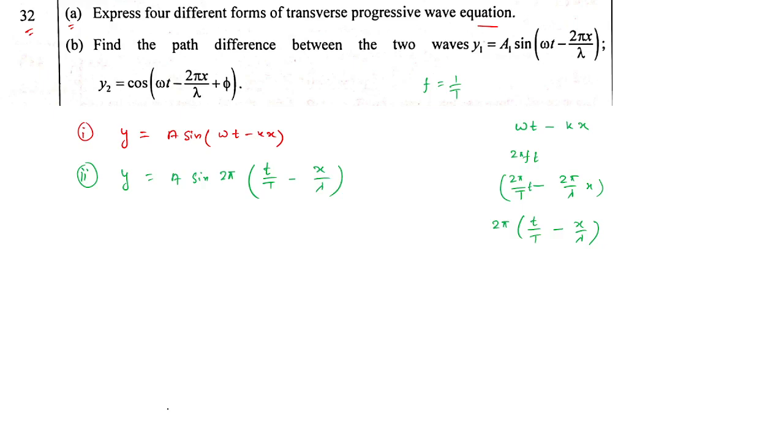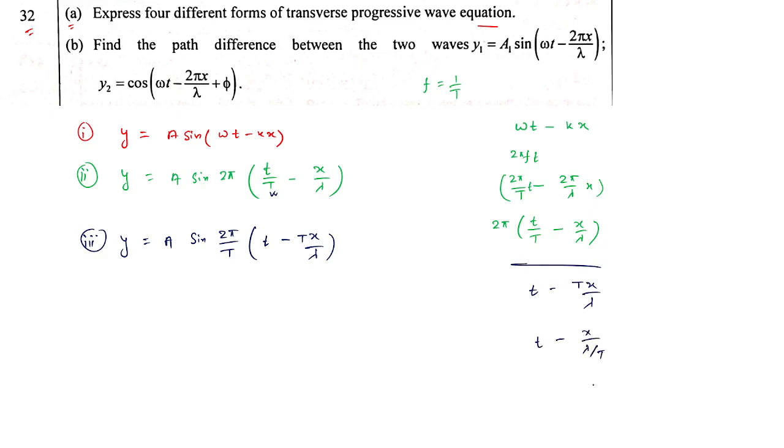Now we will write another form. See, if you take capital T common, then you will have y = a sin (2π/T) times (t − Tx/λ), correct? We can write it as x by λ/T.